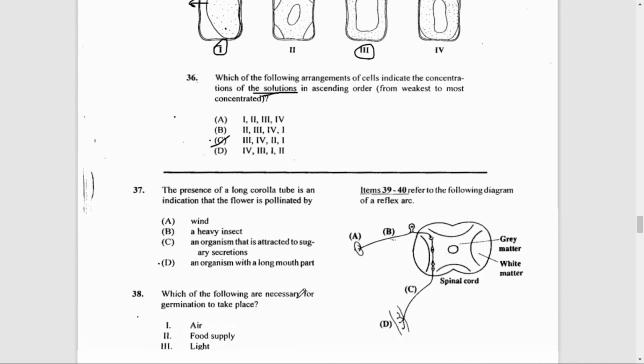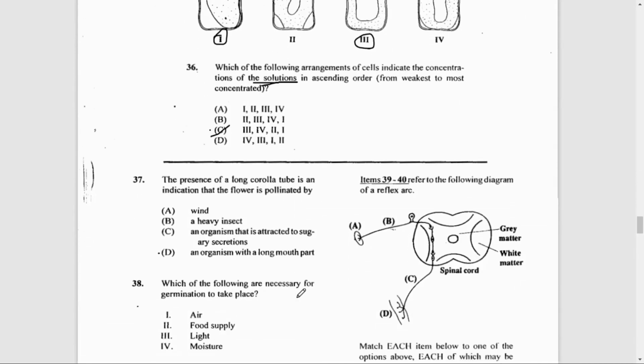concentrated. Number 37. The presence of a long corolla tube is an indication that the flower is pollinated by, well, the corolla is another name for the petals. The petals are the brightly colored part of the flower. But here the question is not talking about brightly colored, so it cannot be an insect.